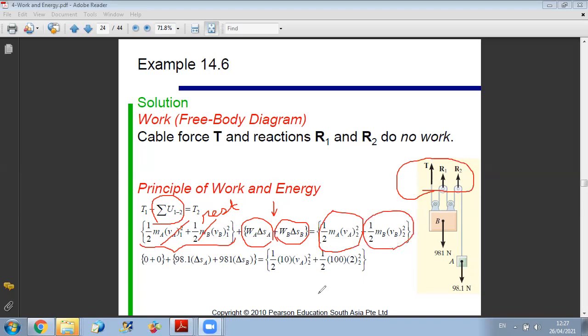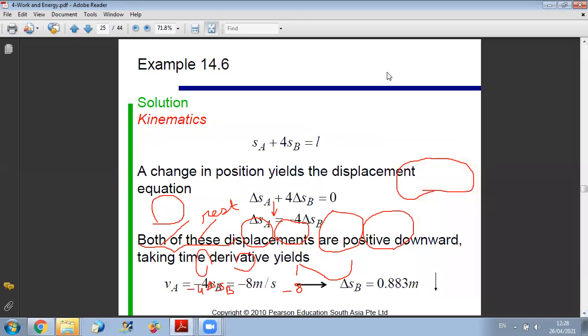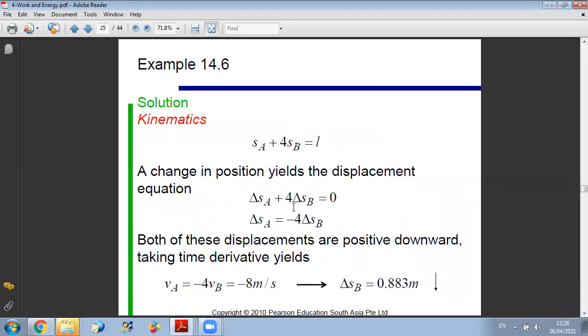Okay, and now if I replace delta SA by minus 4 delta SB, and I replace VA by minus 8 and VB by 2, because you know that VA is minus 4 VB, the only unknown in this equation will be delta SB, so I can calculate it. So I just have to find the relation by using the pulley system.